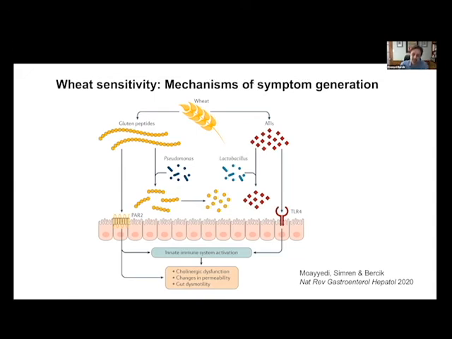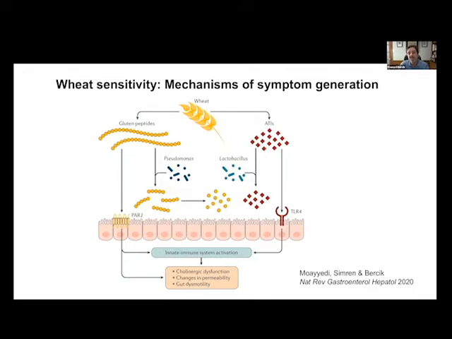Another dietary component which is quite discussed recently is wheat or wheat sensitivity, and there are again several mechanisms of how the symptoms can be generated. One of them is directly by gluten peptides, which can act through, for example, PAR2 receptors. I want to stress that this mechanism of action is different from those observed in patients with celiac disease.